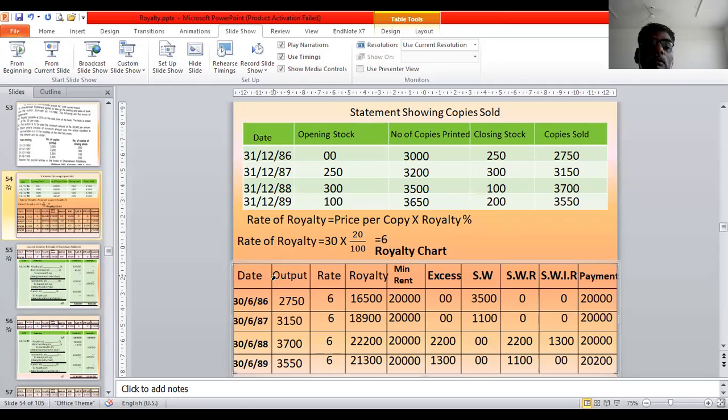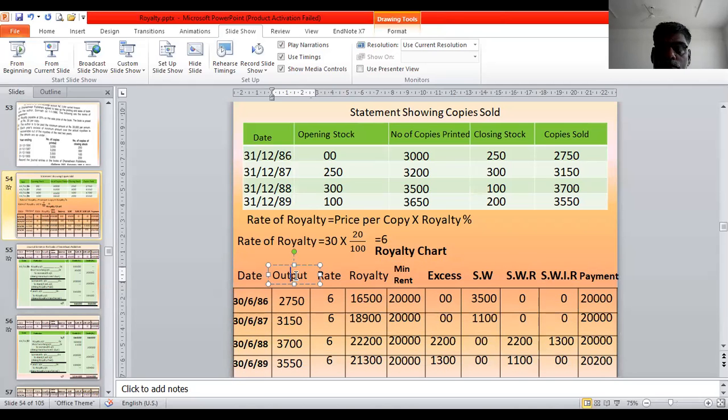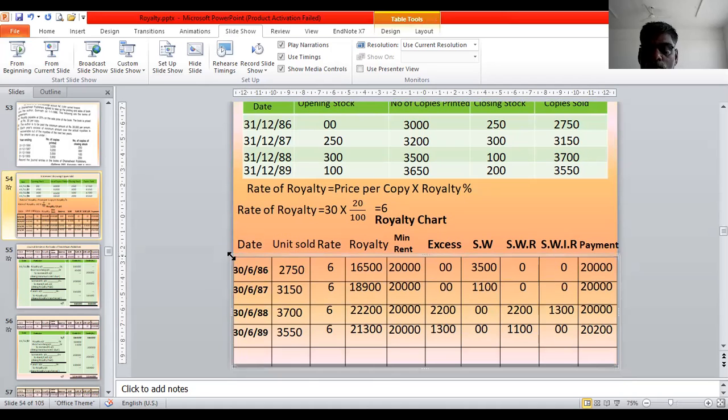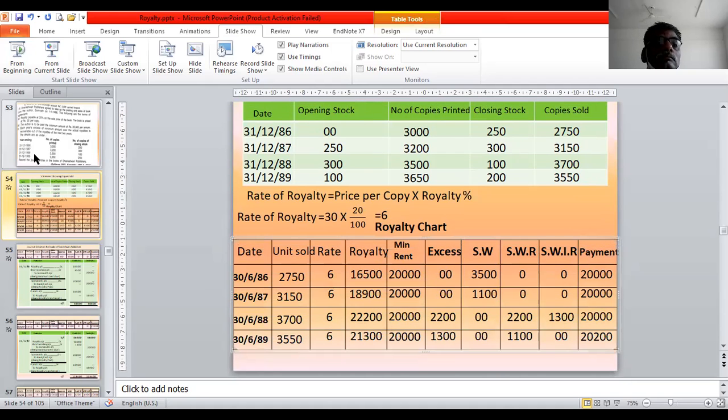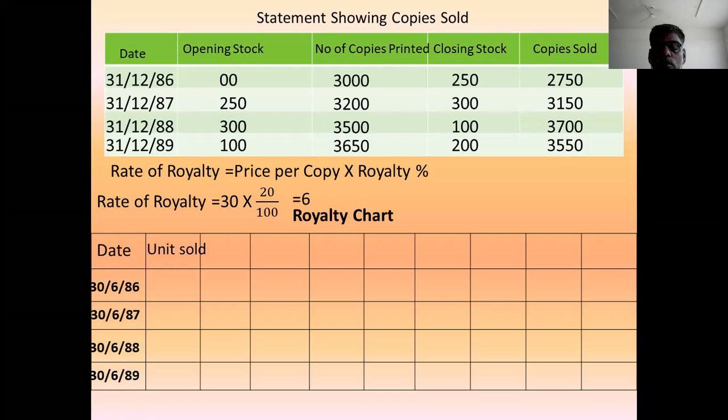You take this as unit sold. Unit sold, you take the last column quantity.